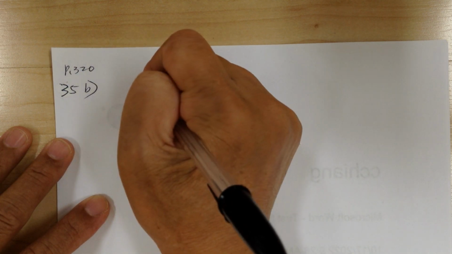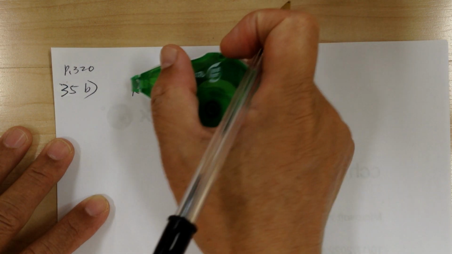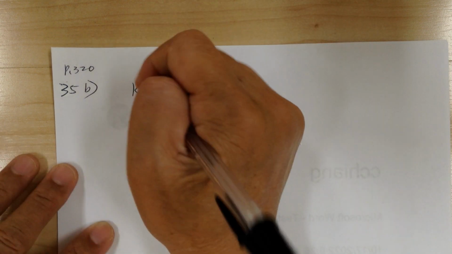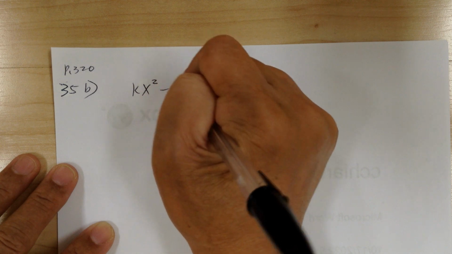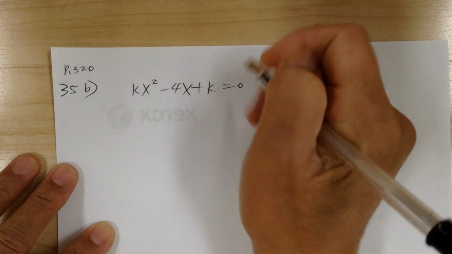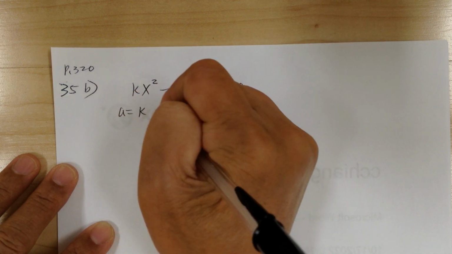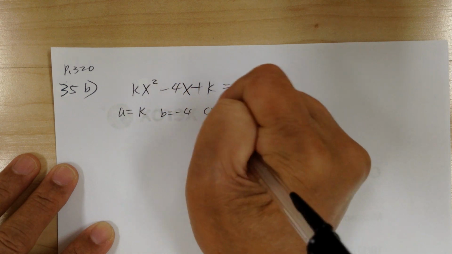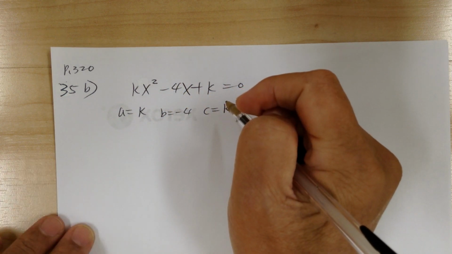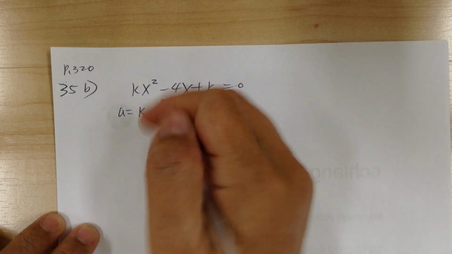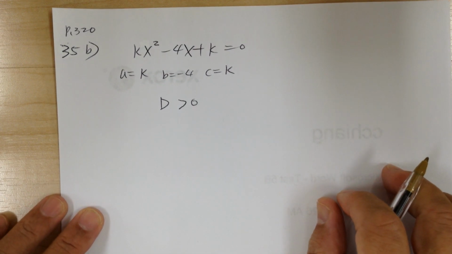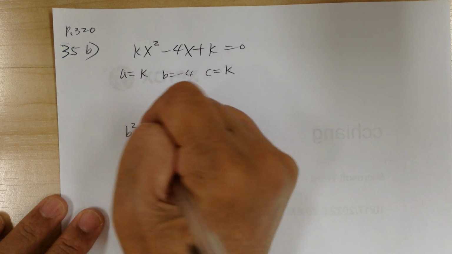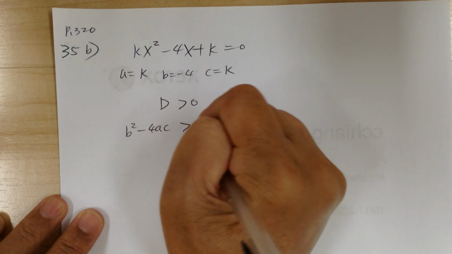So you got kx squared minus 4x plus k equal to 0. So again, a equal to k, b equal to negative 4, c equal to k. So for part B, for different roots, that means D has to be greater than 0. And you substitute, so you got b squared minus 4ac is greater than 0.